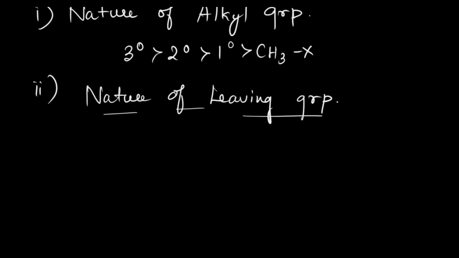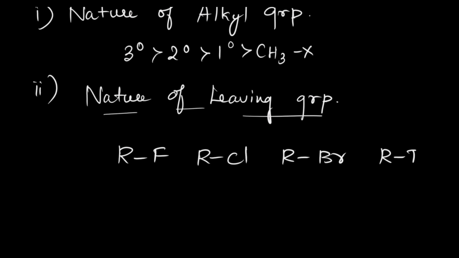For example, if I am talking about RF, RCl, RBr and RI, the leaving capacity is more for I, then comes Br, then Cl and then finally F. If the acidic strength is more, then the leaving capacity also becomes more. Weaker the base, more the leaving capacity.